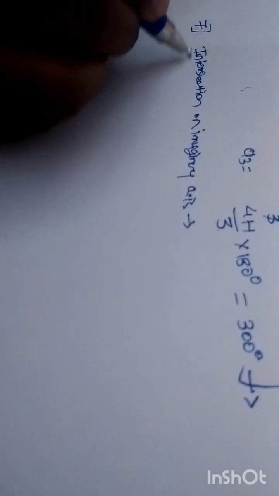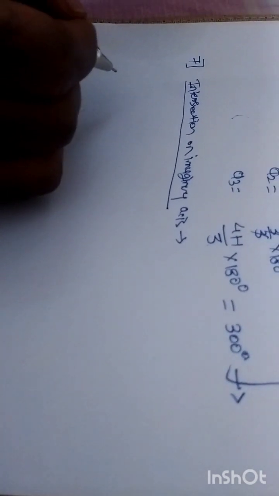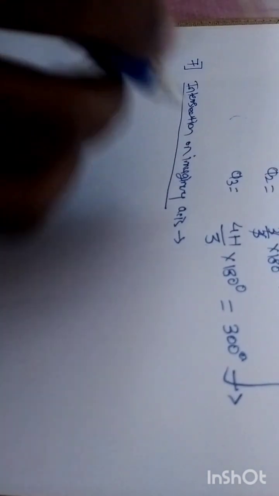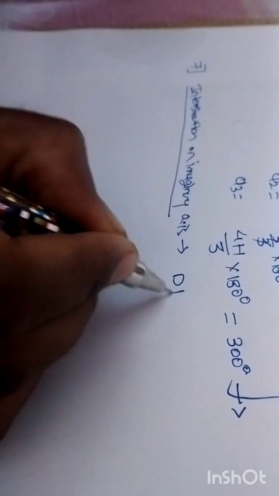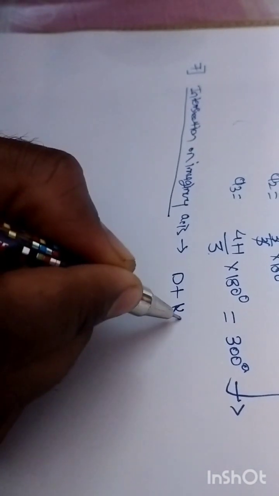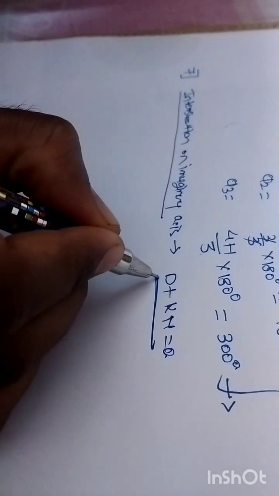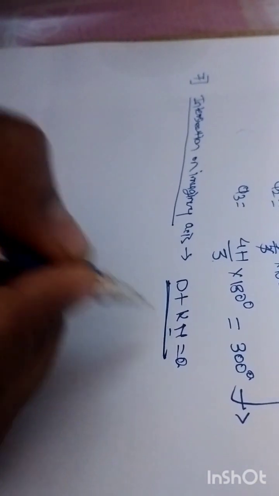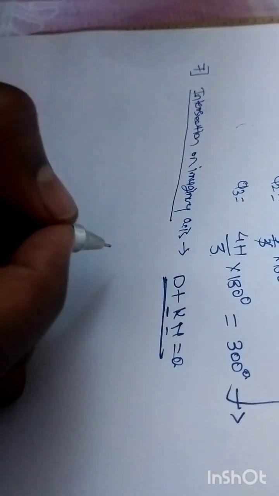To know the intersection point on the imaginary axis, this standard notation is used: d plus k into n equals 0. Here d stands for the denominator polynomial, n stands for the numerator polynomial, and k is the constant value.